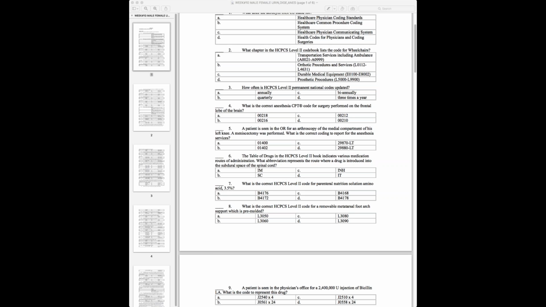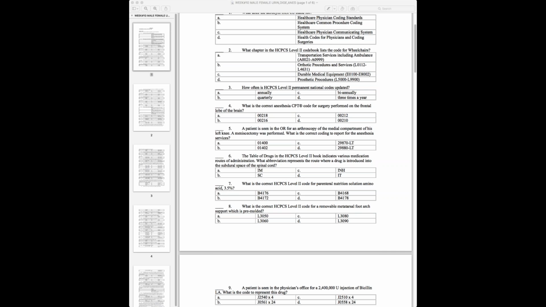So we're like, what's the body part, right? Remember, what's the body part? So here the body part is brain. So if you're looking at 780 and you go to anesthesia and then you look for brain, it's going to give you a code range, right? It tells you 00210 through 00218.